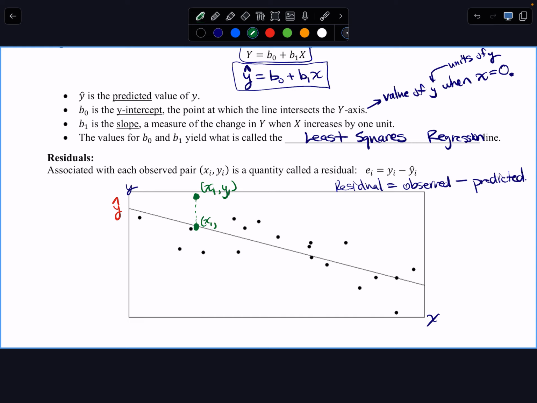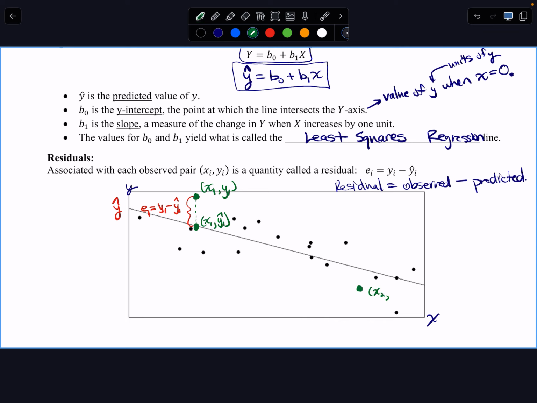So that's a Y1 with a hat on top of it. And so when I say something about a residual, well, this distance from here to here, my first residual will be Y1 minus Y1 hat. So that vertical distance represents a residual. Notice that's going to be a positive value because the point is above the regression line. I can choose another point. For instance, let's go to this point right here.